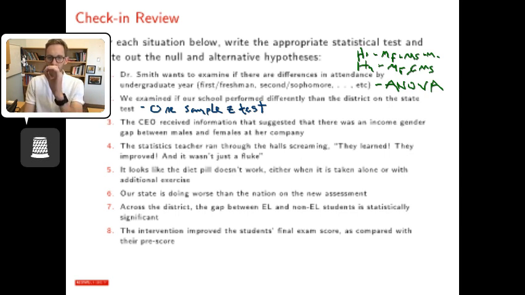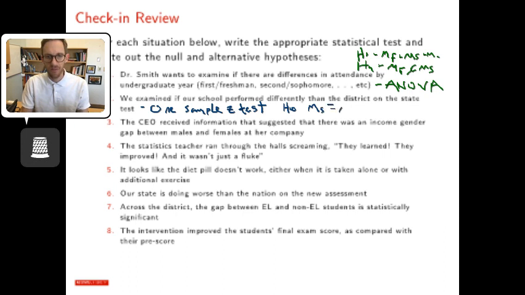So we're comparing a school that's nested within a district. So I'm going to assume that I know something about the variance or the standard deviation of the district's performance on that test. And so I can use the z-test. If I didn't, then I just had my sample standard deviation. Then I would use the one sample t-test. So either of those could work there. But the null, of course, would be that the mu for the school is going to equal the mu for the district.